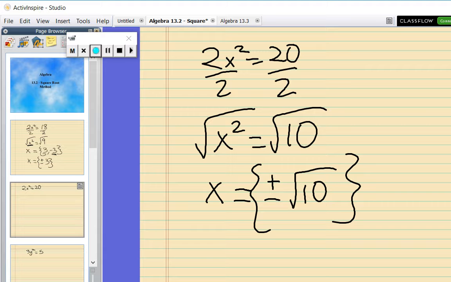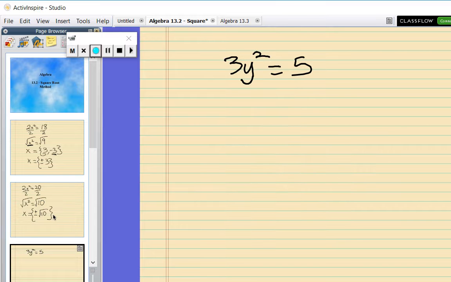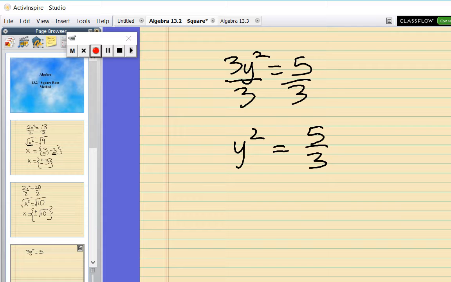Let's try that one more time. Here, try this one on your paper. Ready? Okay. Divide by 3 on both sides. That'll get the square term by itself. And then you square root both sides.